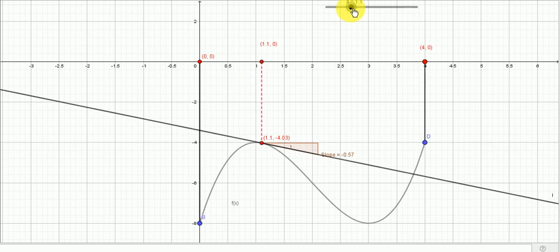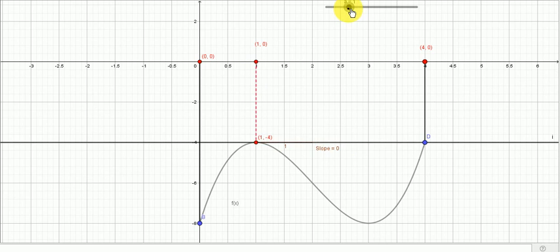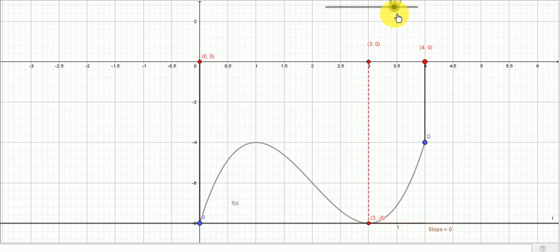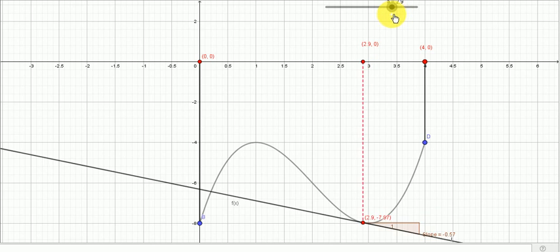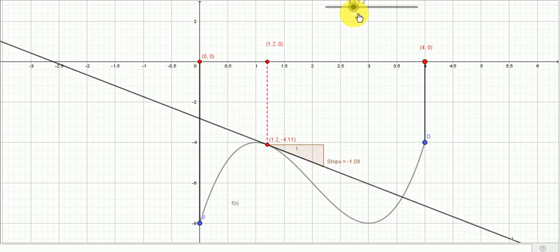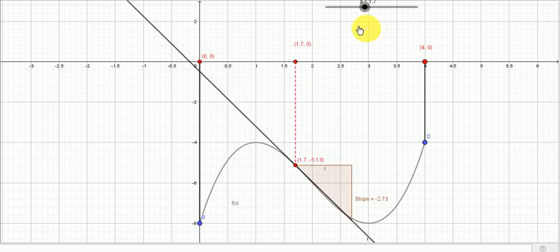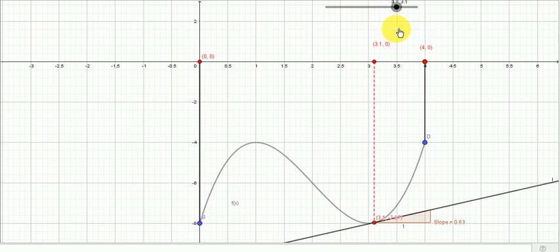Suppose when I solve the derivative for this function, I will get x equal to 1 and x equal to 3, because these are the two points at which the derivative becomes 0.